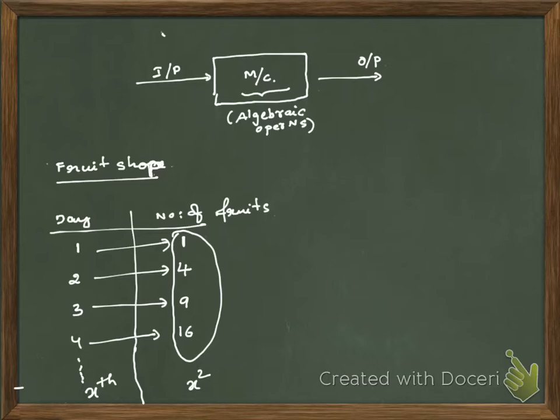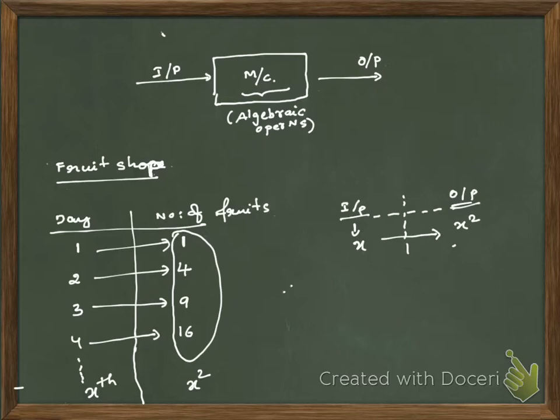So here your input is x and the output that you are getting is x square. Basically you are giving input and you are getting output. Here the algebraic operation that the machine is performing is squaring. So this is your basic function.